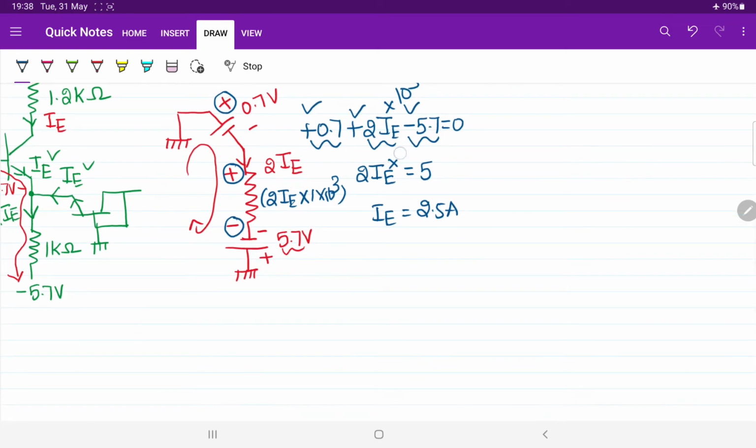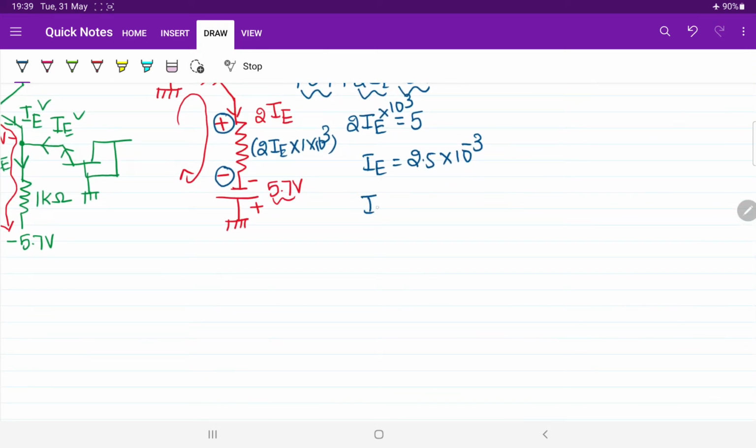So here one more 10 power 3 is there. If you pass the 10 power 3 to the right hand side, it will become 10 power minus 3. So the value of emitter current IE is equal to 2.5 milliampere. That's all.